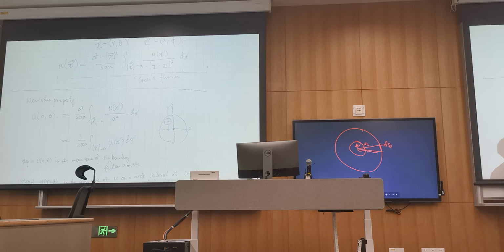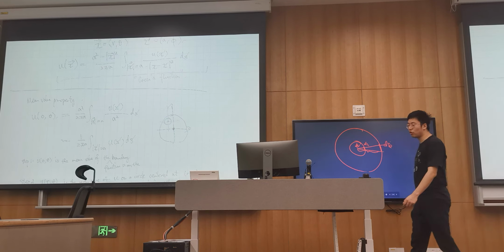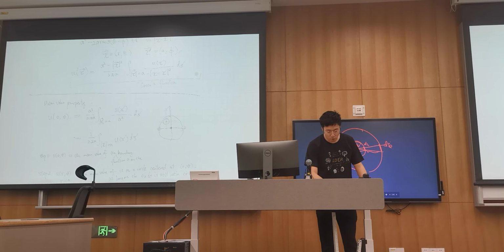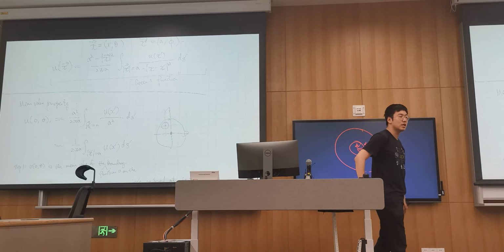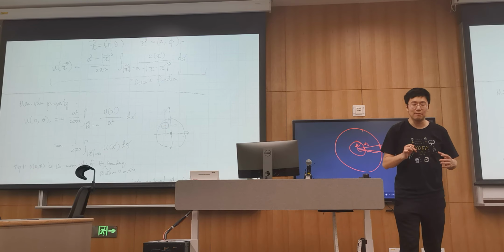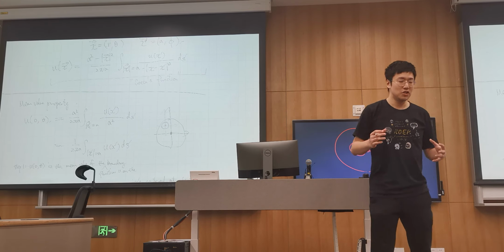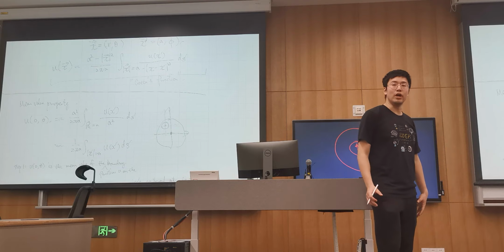So u(x) means the value on the boundary, and x minus x prime means how far it is from the point on the boundary. So why Poisson's formula is important is that this can be migrated to an arbitrary boundary.